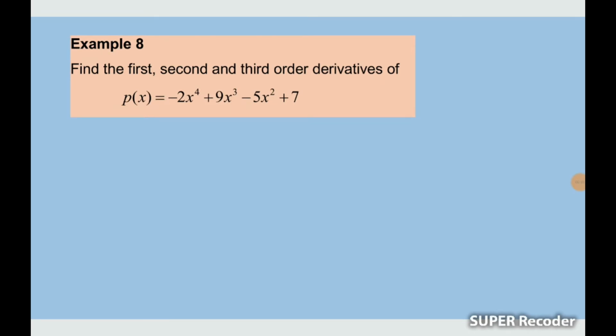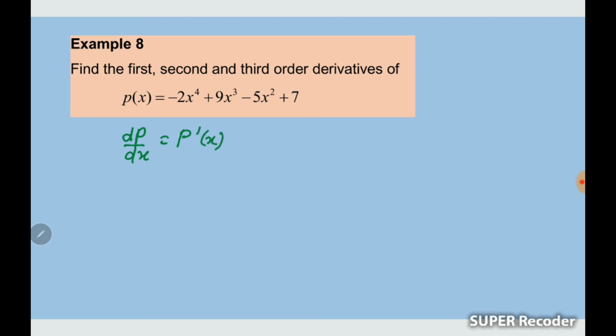I will continue. Example 8. Find the first, second, and third order derivative of p of x equals negative 2x to the power of 4 plus 9x cubed minus 5x squared plus 7. To find the first derivative, you can write dp dx, or simply p prime x.